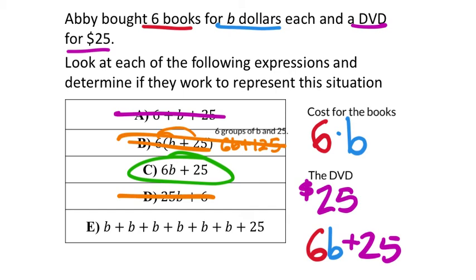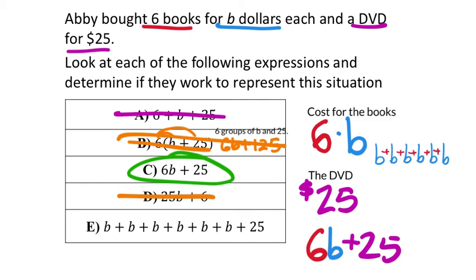Now, E's written a little different. If you look at the cost of the books, that's 6 groups of B, and 6 groups of B indicates that you would have 6 Bs. So 1, 2, 3, 4, 5, and 6. Remember as well that this multiplication here is just a simplified form of addition. So that means that between these, you could show some addition.